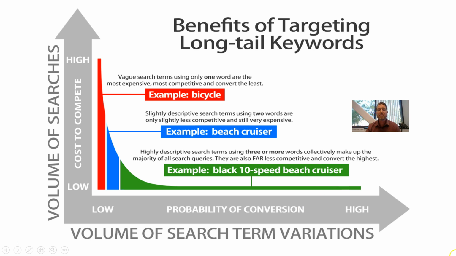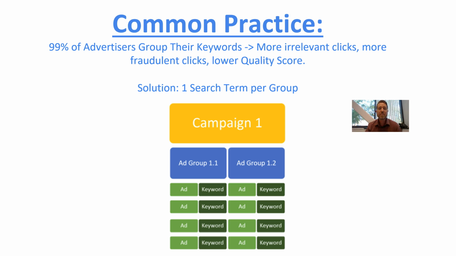The probability of me converting on that ad is extremely high. And when I actually get somebody who signs up for something that I'm advertising, I know that prospect is very, very likely to purchase what I'm offering. And that's the benefit of targeting long tail keywords.